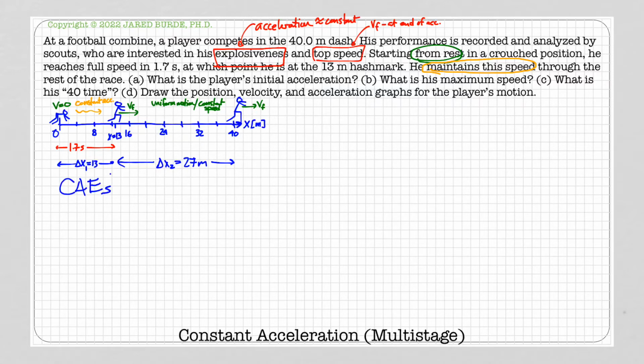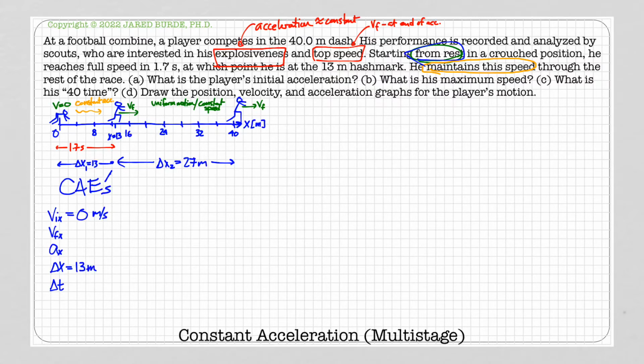If we're going to use those, we'll start by writing out our constant acceleration variables. We know that the initial velocity is 0 because he's starting from rest, we're told. We know that the displacement over this interval is 13 meters.